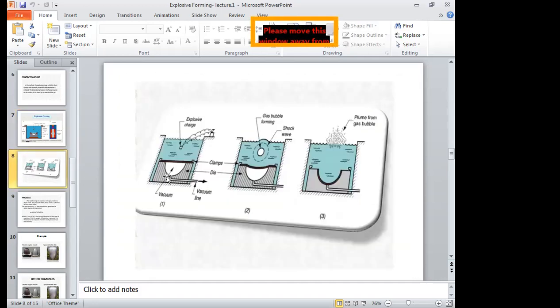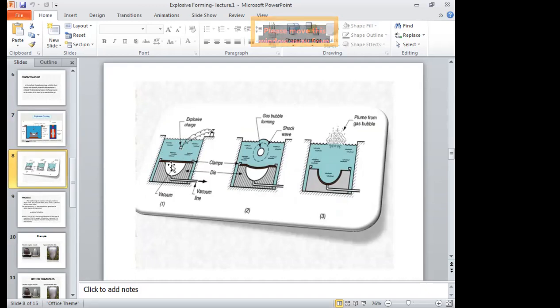In that, we'll see the working. In the first step, the explosive gets charged as shown in the diagram.